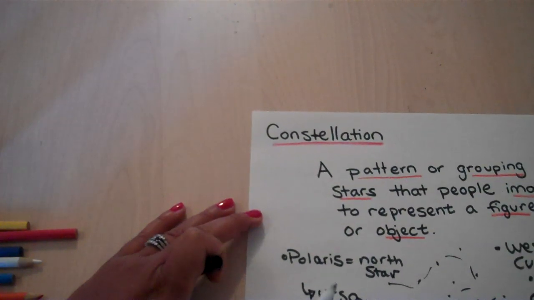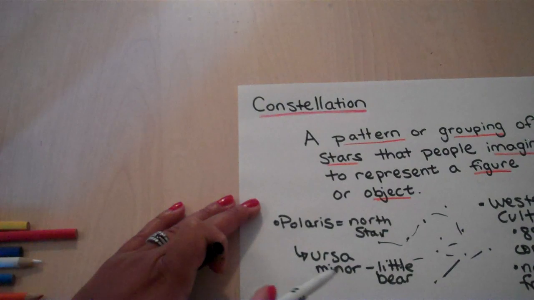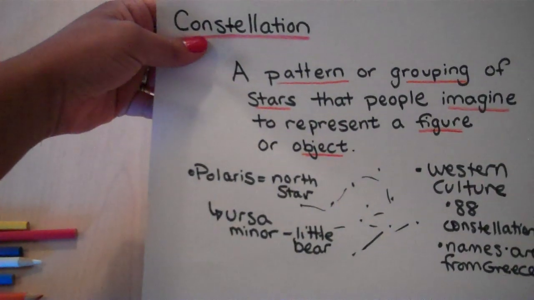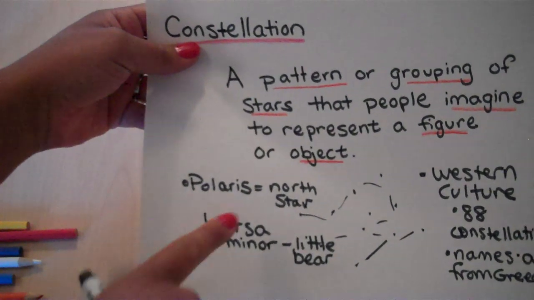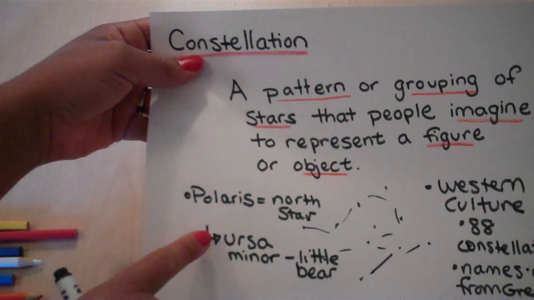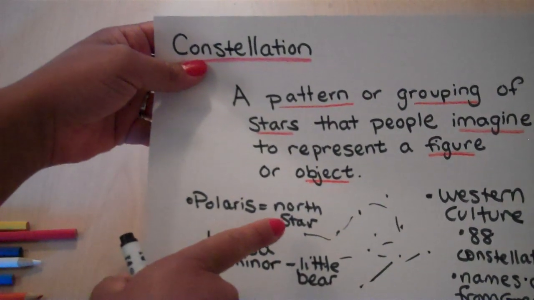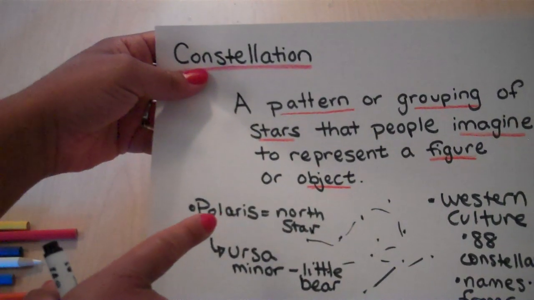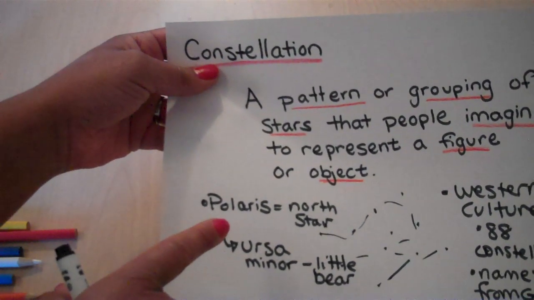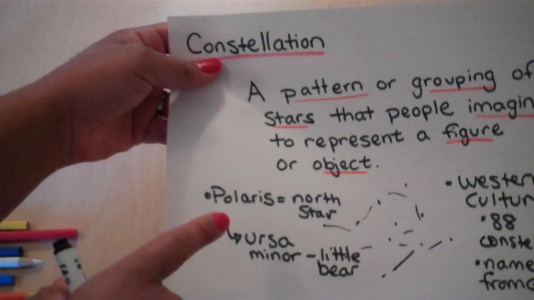And this is where I think constellations still can be recognized as an important part of astronomy, because the North Star is a star that we can find. It's a star that helps us locate a lot of the constellations. It's located close to the sky's North Pole.